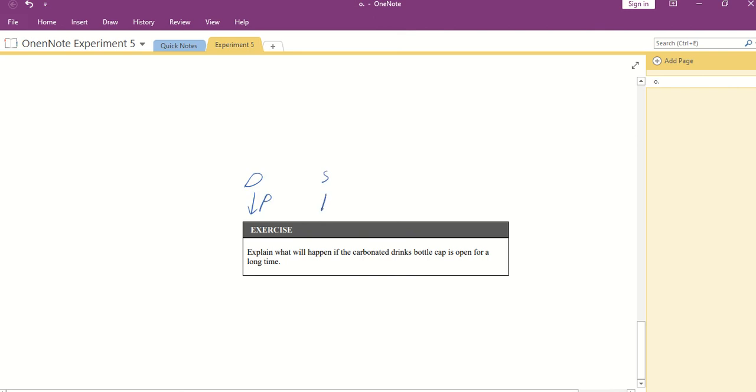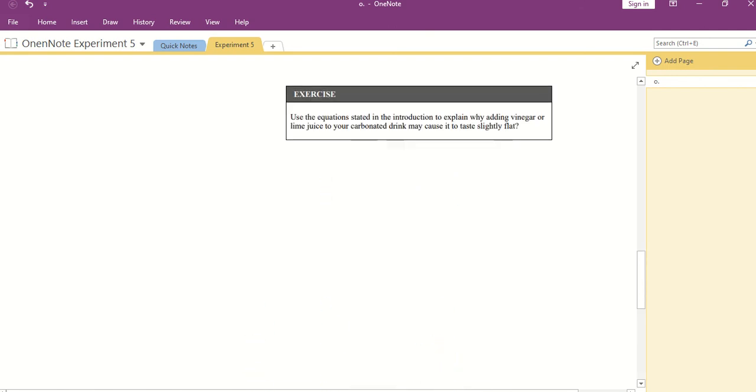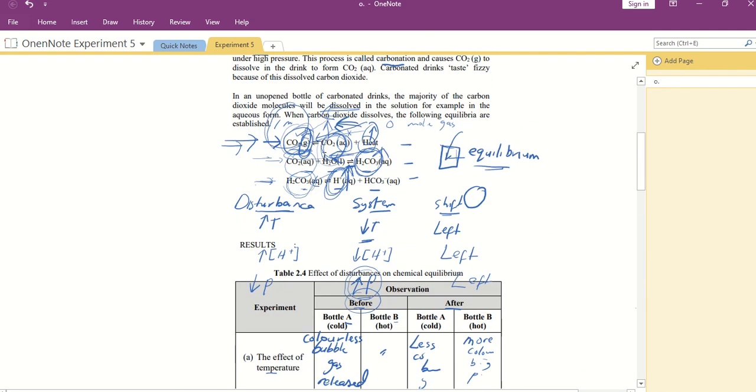So the system will want to increase the pressure back. It will shift to the left, because by shifting to the left, it will produce CO2. By producing CO2, the system will increase the pressure again.